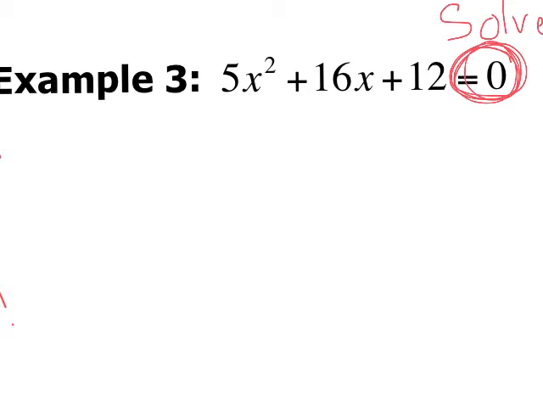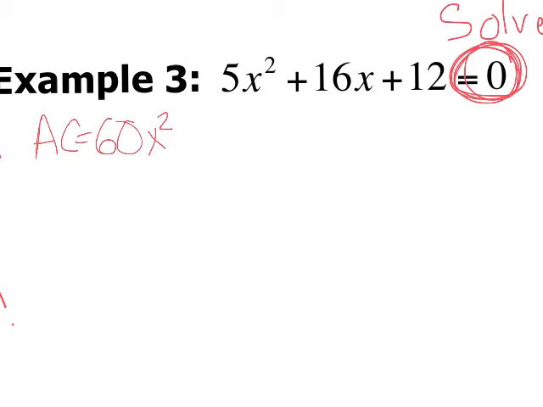So I do A times C, so 5 times 12 gives me 60x squared. Remember, the goal of the AC method is to break it into 4 terms so that I can group. So I need a list of potential factors, and my list of potential factors comes from that 60x squared. So I need factors of 60x squared.